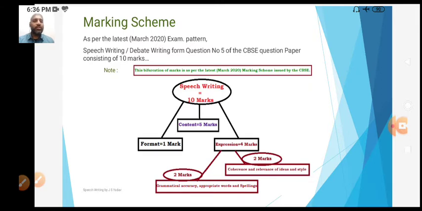Format consists of 1 mark, content carries 5 marks, and expression carries 4 marks, which is again subdivided into 2 marks for grammatical accuracy, appropriate words, and spelling, and remaining 2 marks for coherence and relevance of ideas and style.